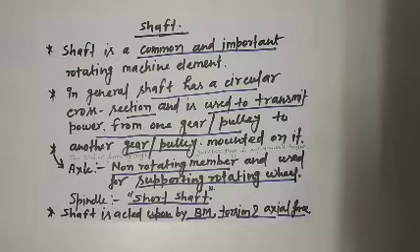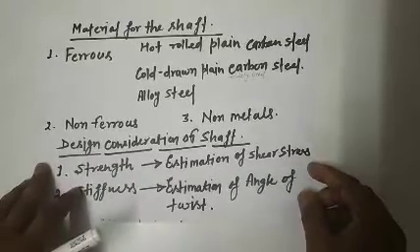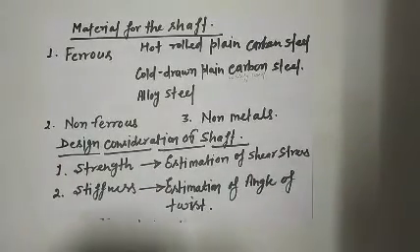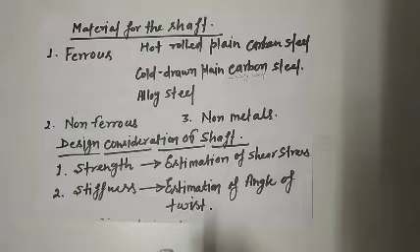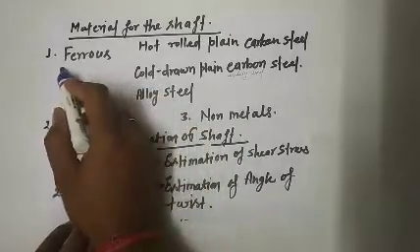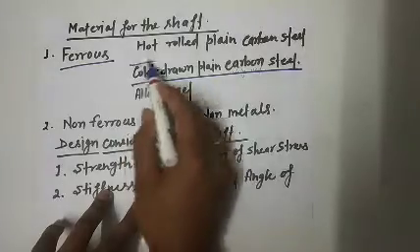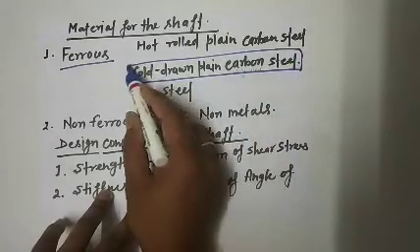Here, talking about the shaft, since we are studying it for the first time, we should know what the materials for the shaft are, right? The materials that we use for shafts are ferrous, non-ferrous and non-metals, according to the application. But in most applications we use ferrous shafts made of cold drawn plain carbon steel, right? This one is highly used.